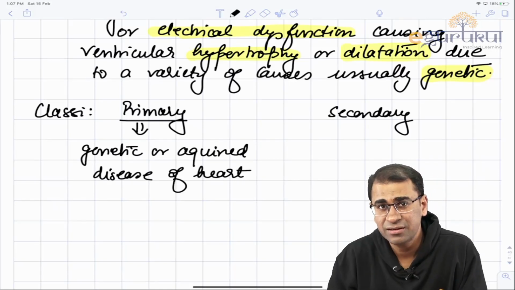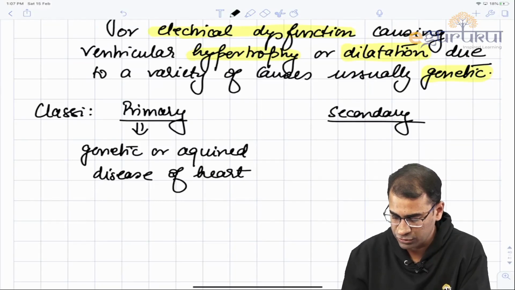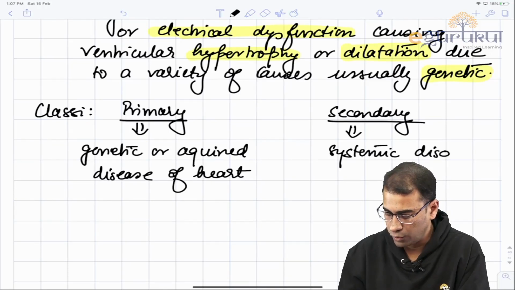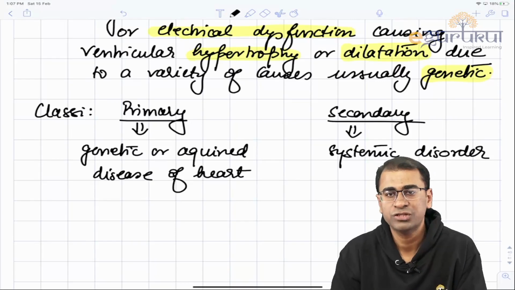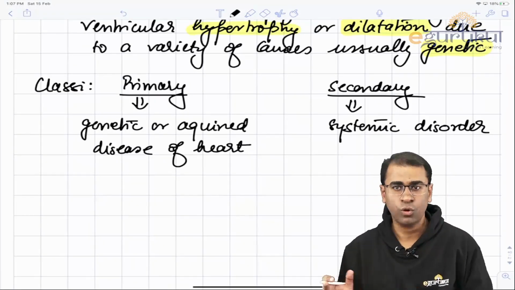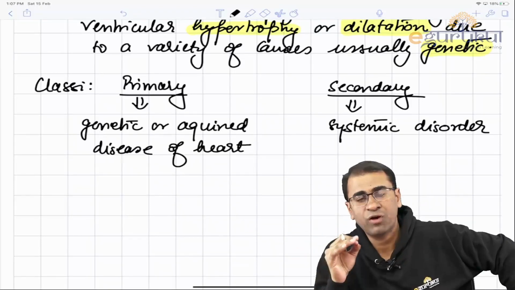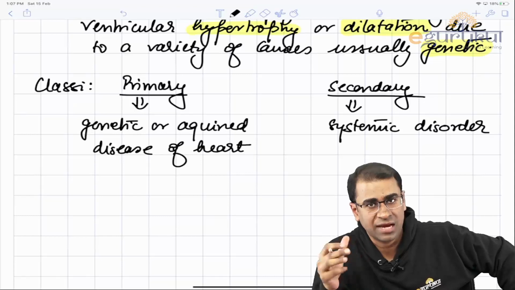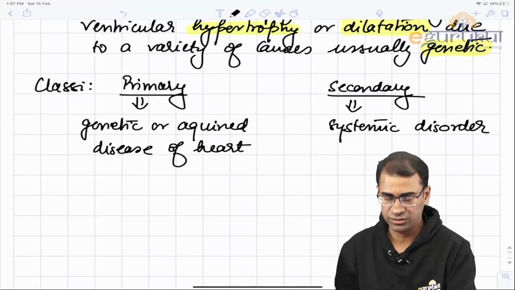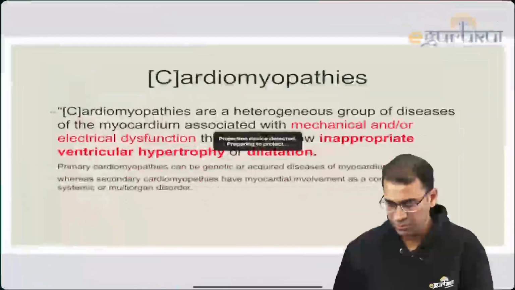But secondary is a component of a systemic disorder. Most of the causes are primary, but the restrictive type of cardiomyopathies usually are secondary in cause.